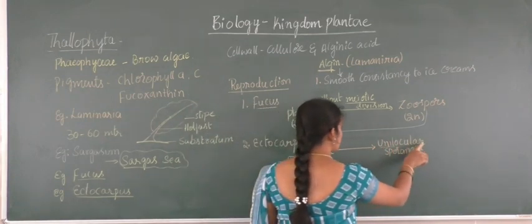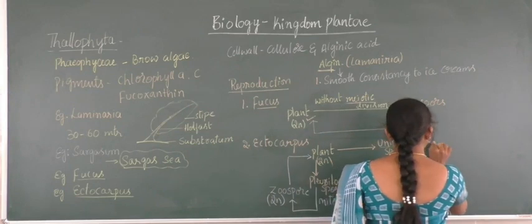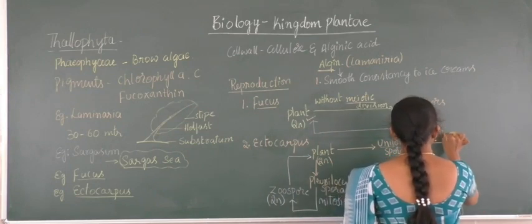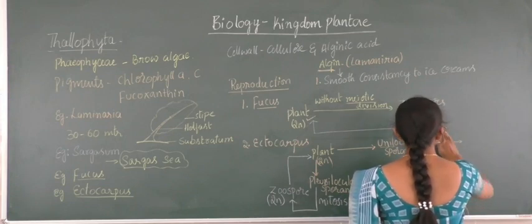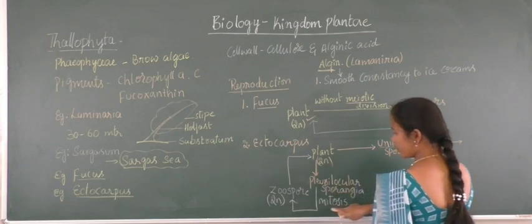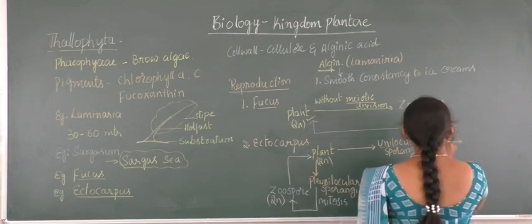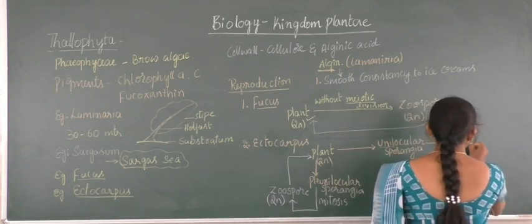And the other one is unilocular sporangia, which undergoes meiotic division. So we found here it is mitosis, here it is meiosis, and later the zoospores are formed.